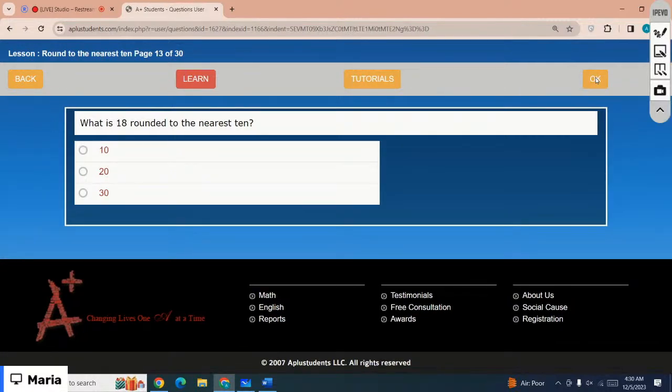What is 18 rounded to the nearest 10? Which is the correct option? 18 is rounded to.